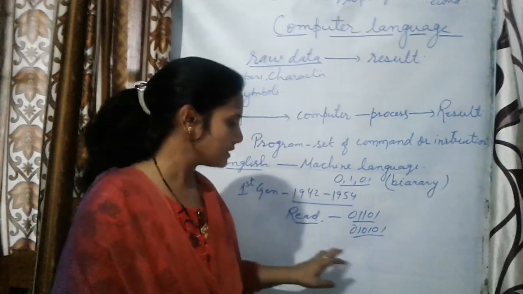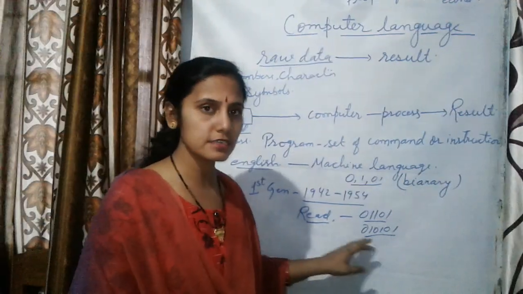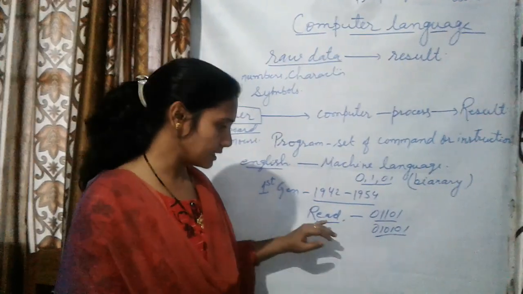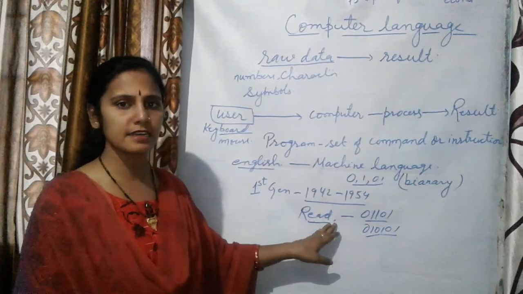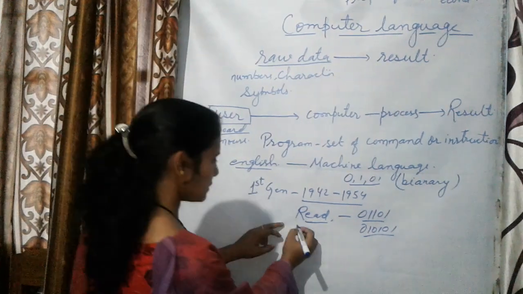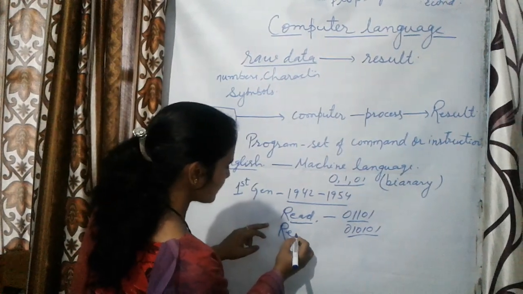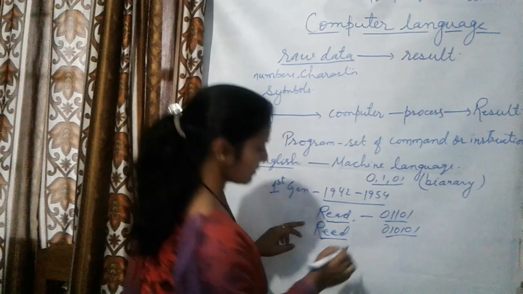Can we find the error? No, because it is very difficult to find. But if it is written like a spelling in the English language, we can understand it very easily. Suppose I write the spelling of read like REED.